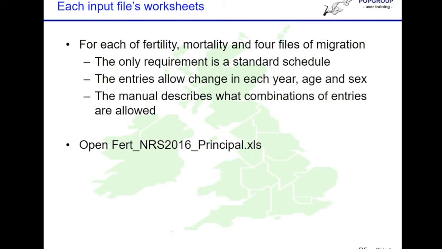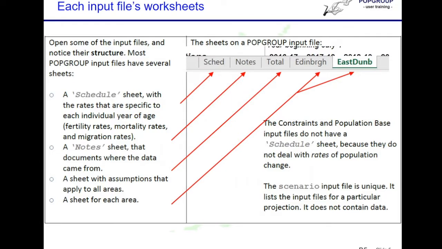So what we'll do now is open one of these input files. The one that we'll look at is the one that was used in the projection, the fertility NRS 2016 principal projection. So when we open an input file, one thing you'll notice is that these have a fairly standard structure. They tend to have several sheets.